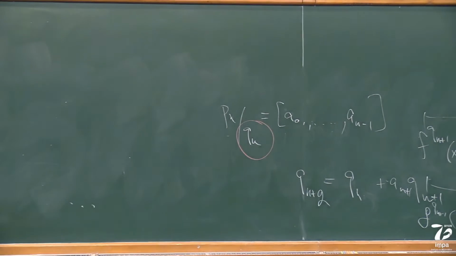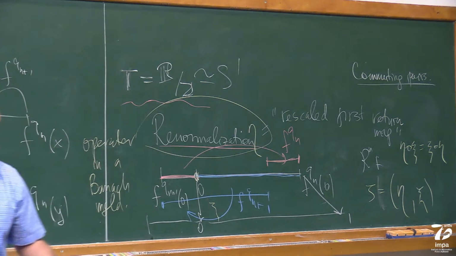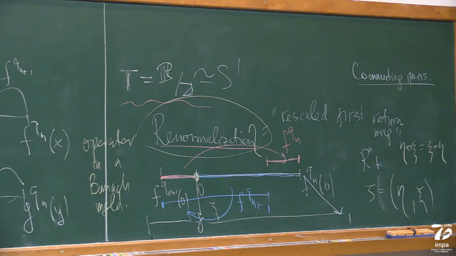Okay, so the first example I'm going to give you of this is in the setting of circle diffeos, right? So the KAM setting, if you like. So analytic circle diffeos.